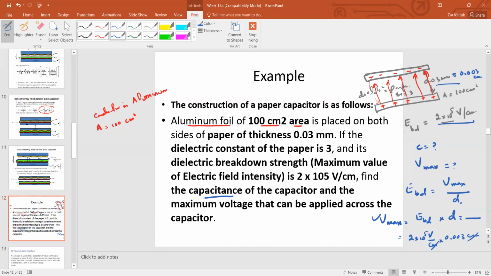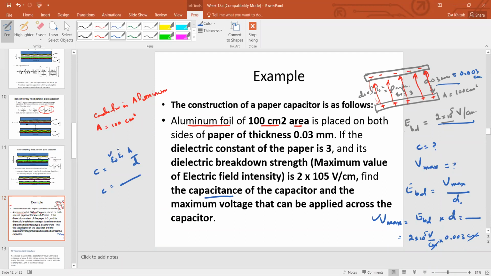Okay, so find the capacitance of the capacitor. So capacitance of the capacitor is how much? Anyone who can quickly solve this? Epsilon naught, epsilon r, A by d. So see, the capacitance you can calculate.